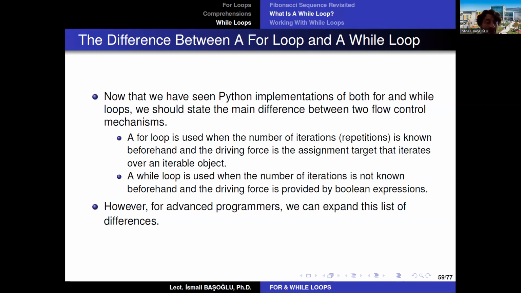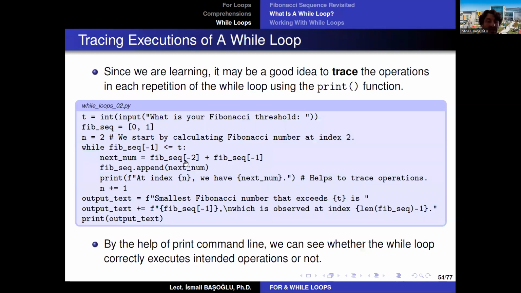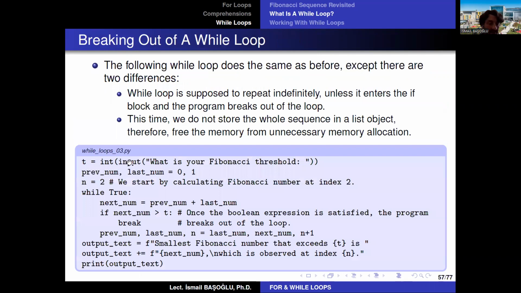But when do we use while loops? We do not exactly know how many repetitions we should get here to calculate a Fibonacci number that exceeds the threshold. If the threshold is 10 to the power 16, we do not exactly know that this loop should be repeated 58 times. Therefore, until the condition is satisfied, this while loop will be repeated.